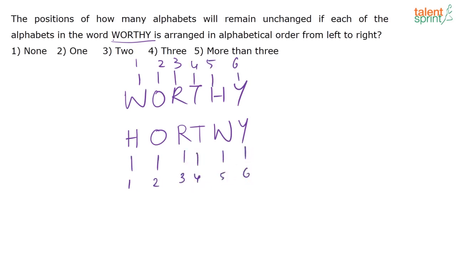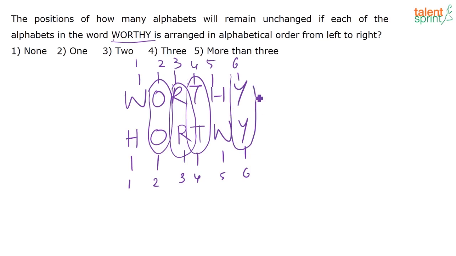So now the question is, how many such letters are there whose position remains unchanged after rearrangement. See, if you take O, earlier O was in the second position, now also O is in the second position. So its position is remaining unchanged, correct? Similarly R, earlier also it was in the same position, now also it's in the same position. Similarly T also, and Y also, correct? So how many such letters are there? There are 4 letters, O, R, T and Y.